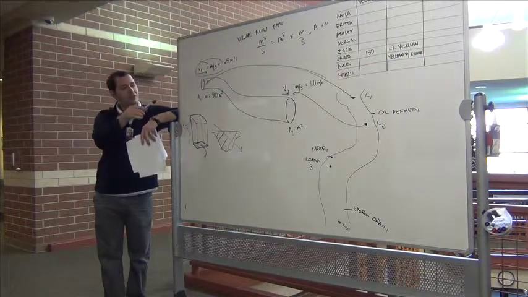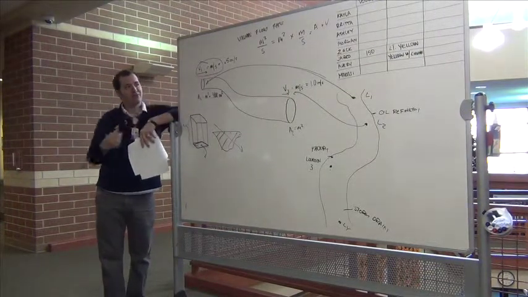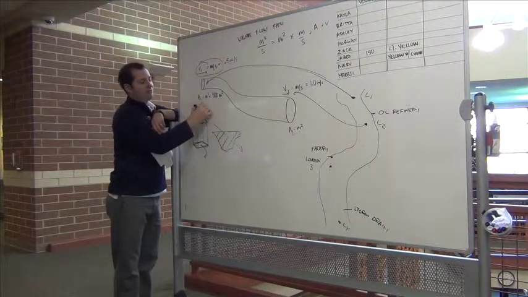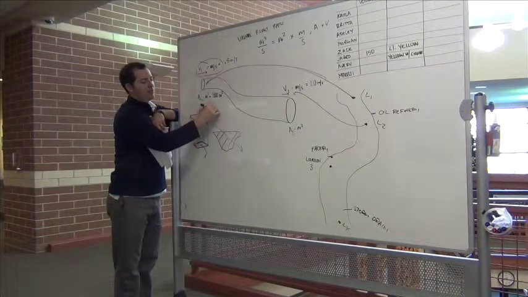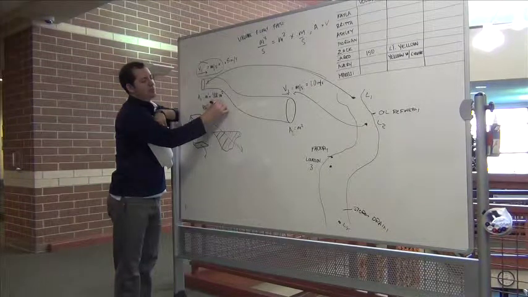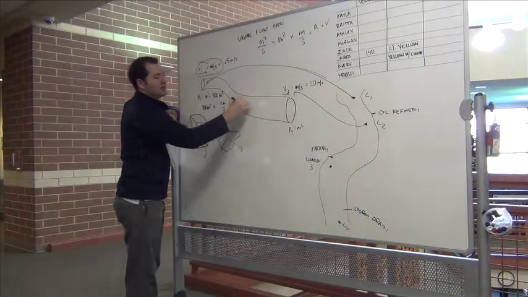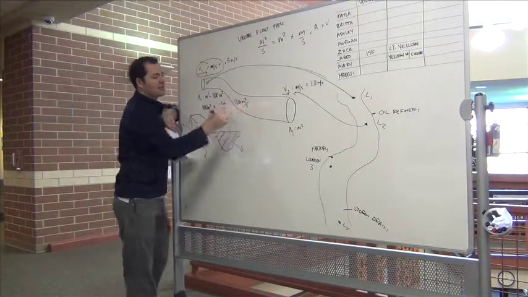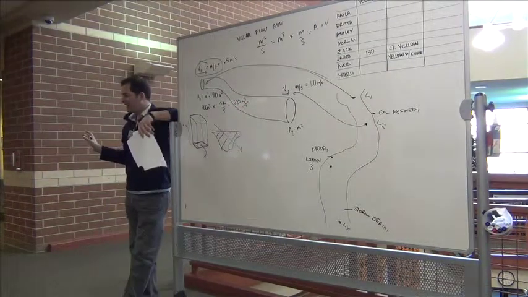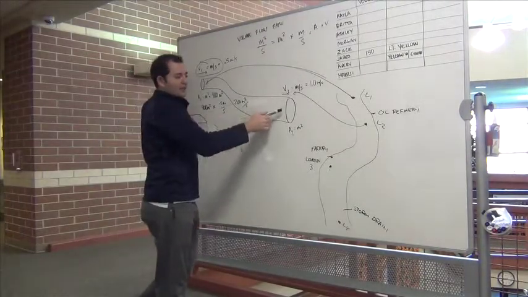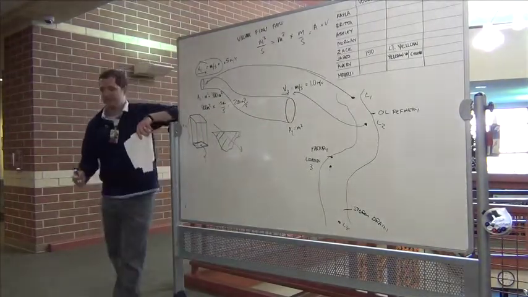So what's going to be our volume flow rate up here? Our area times our velocity, so 400 meters squared times 0.5 meters per second is going to give us 200 meters cubed per second. Are we clear on that? How can we then figure out what the area is here?